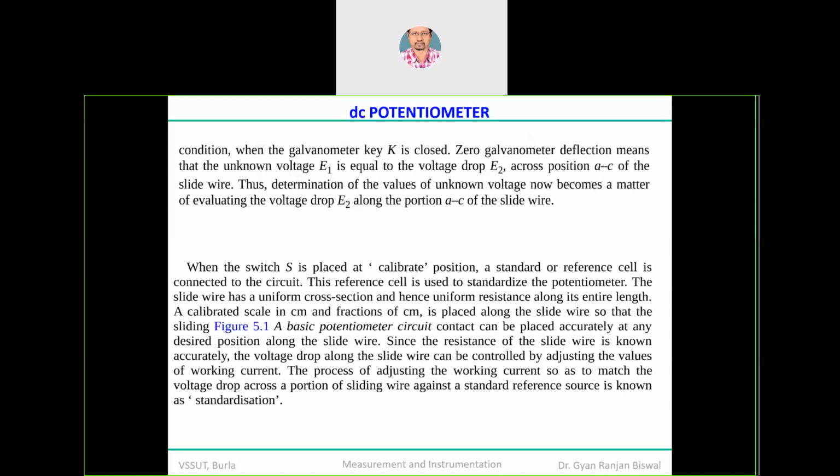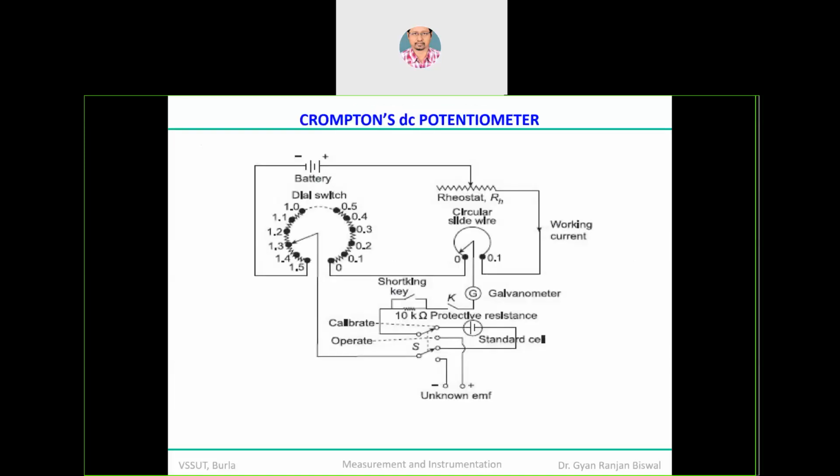After the calibrating, or after the standardizing, you can later on. That's why it is mentioned as the standard cell potentiometer. Later on, Crompton, an inventor, introduced a new configuration where you can also measure the fractional value of the unknown voltage with a high degree of accuracy, up to the first decimal point.